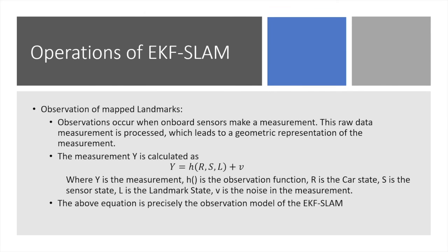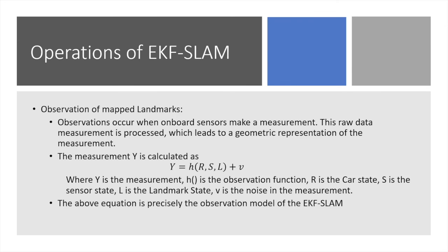Next, the observation of mapped landmarks using sensors. So the EV contains onboard sensors which always take the input from the surroundings and convert them into electrical signals. So these measurements are captured by the extended Kalman filter, and these also are represented using mathematical equations which involve matrices and functions as well. So here, Y is the measurement taken by the sensors on board on the car.